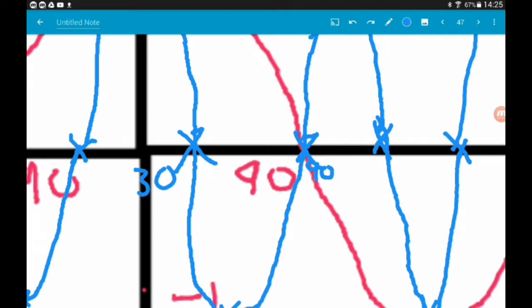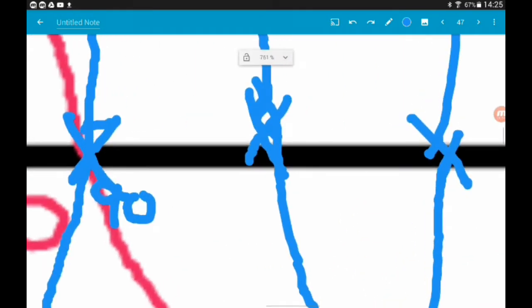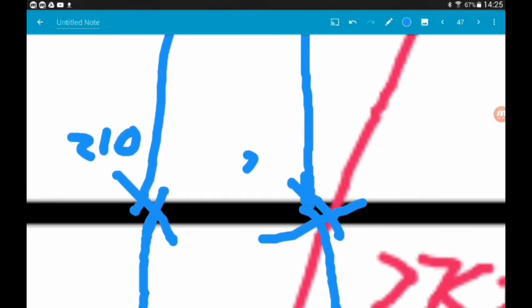So, on the normal graph, the x-intercepts are 180 degrees apart. So on cos of 3 theta, that distance is going to be divided by 3. So it's going to be a third of the size. So the distance between x-intercepts is 60. So the next one is going to be at 150. The next one after that is going to be at 210. The next one is at 270.